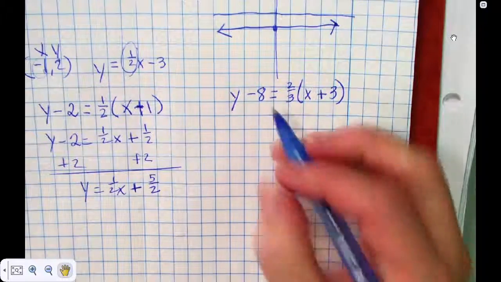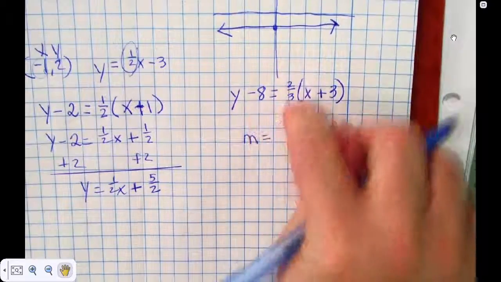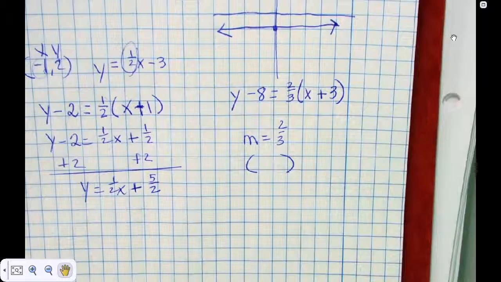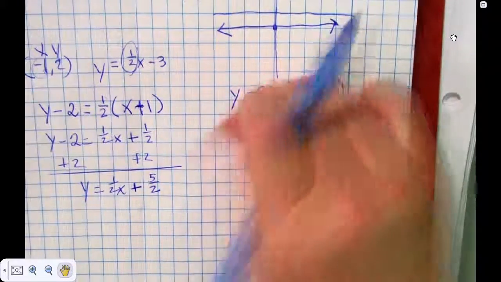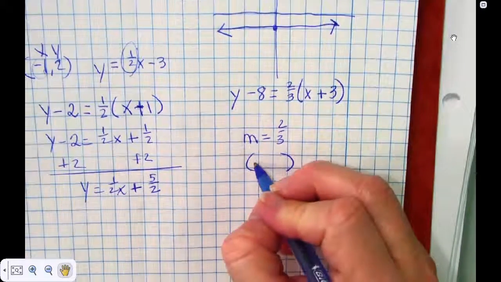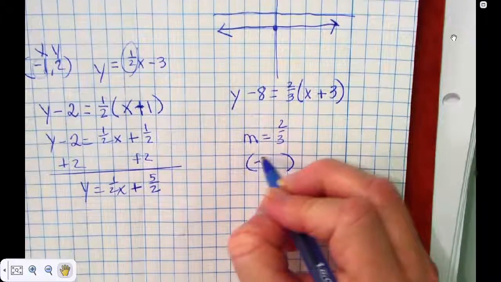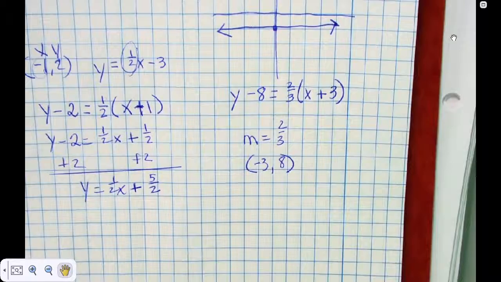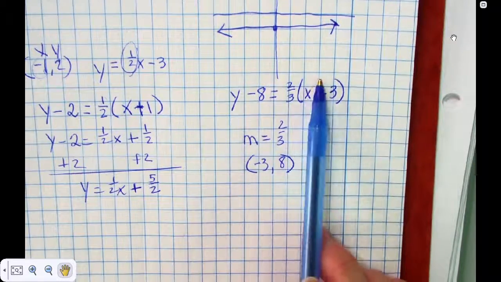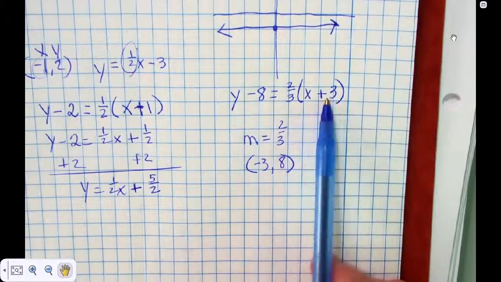Okay? Who can tell me what the slope is just looking at that? Good. And what is the point that that goes through? It's the opposite. Because you go x minus a -3, which makes it x plus 3.